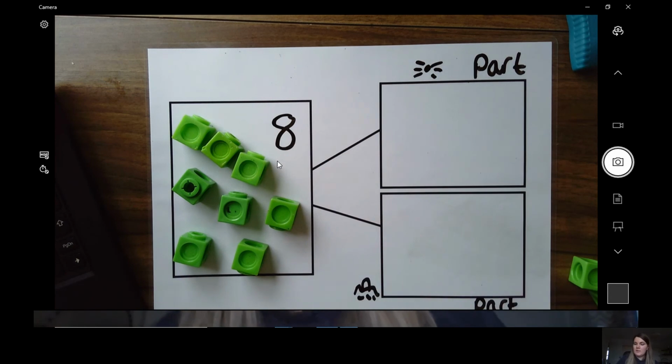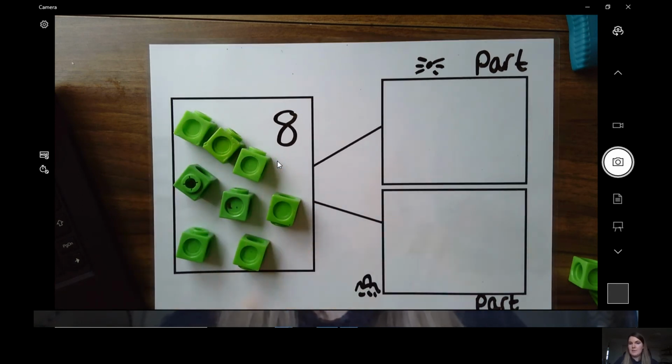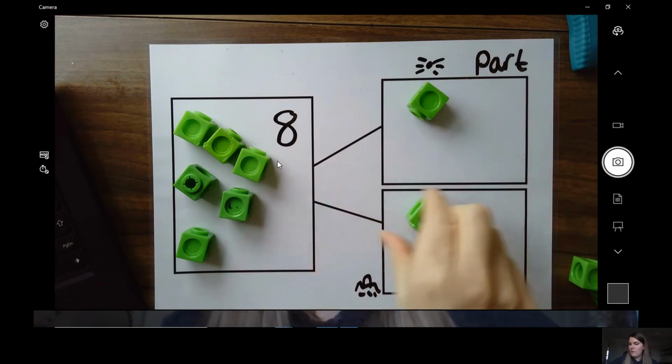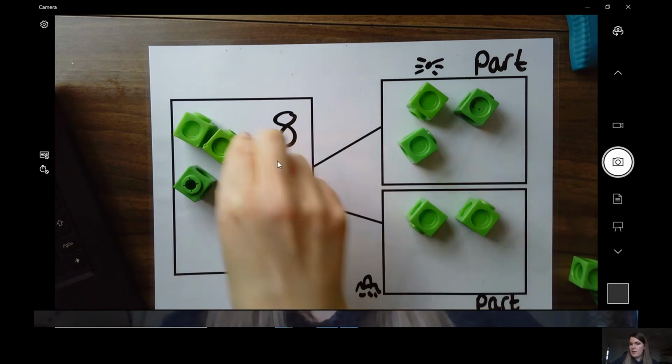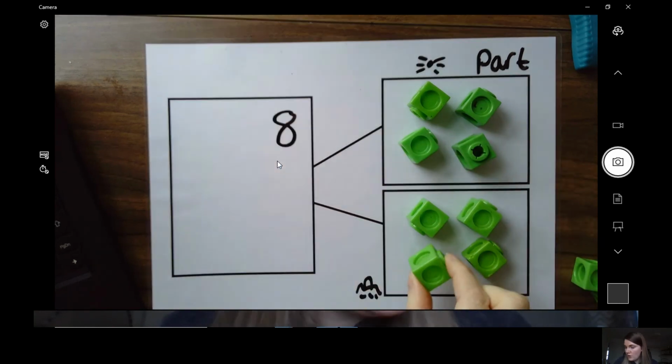So when we're halving, we start with the whole number. Our whole number is 8. We follow the same steps using our part-whole model to separate our parts. So we go 1 for me, 1 for you, 1 for me, 1 for you, 1 for me, 1 for you, 1 for me, 1 for you.